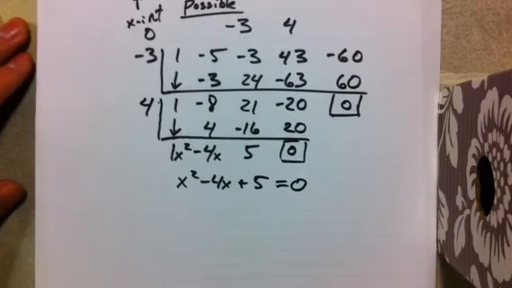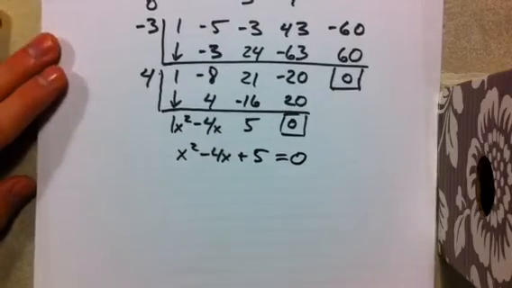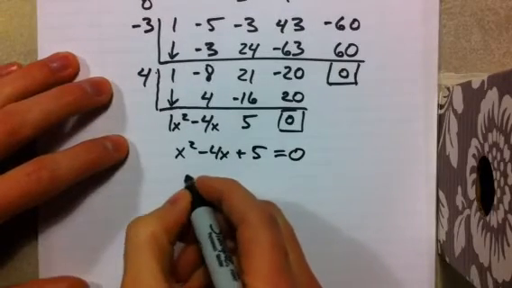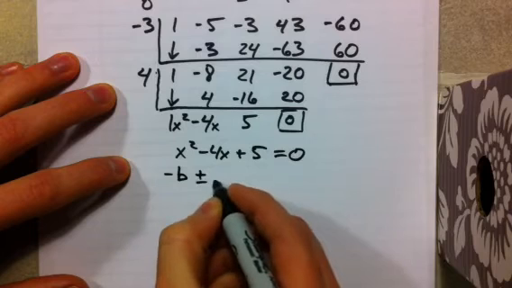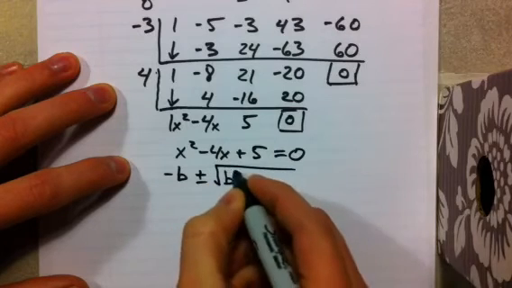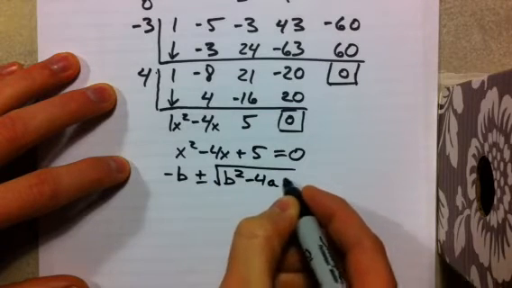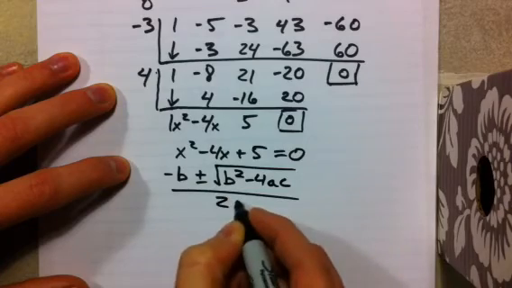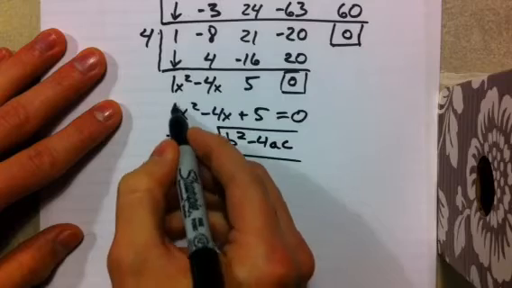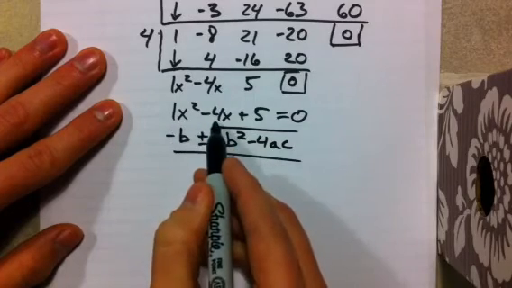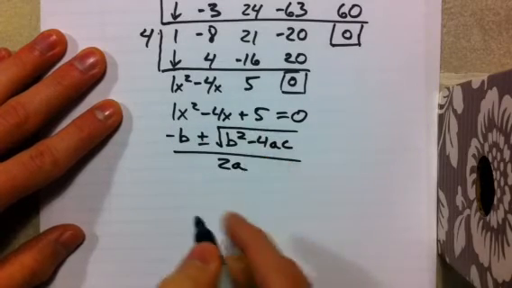But most of you will probably use the quadratic formula in this case. If we remember right, that's -b plus or minus the square root of b squared minus 4ac, all over 2a. So our a is 1, our b is -4, and our c is 5.